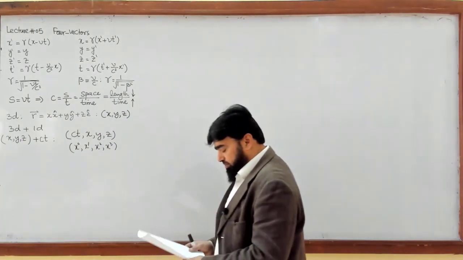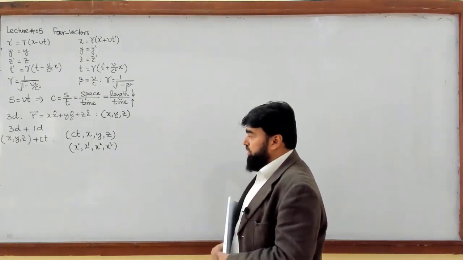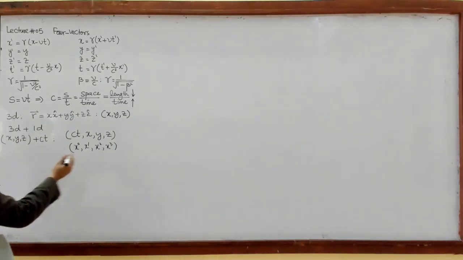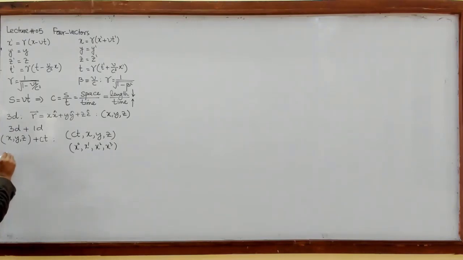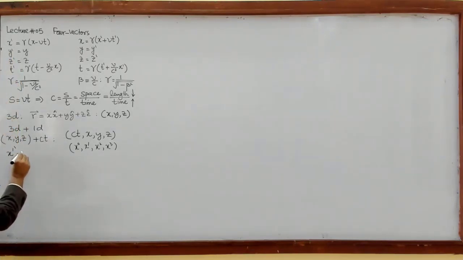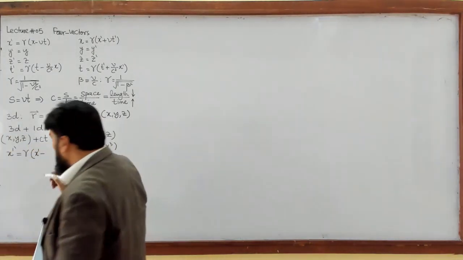We are now dealing with this one, and now how the Lorentz transformation will look under this conversion. Let me write x1. Now x1 from here will be x1 prime, because the prime coordinate is here, and x prime is equal to gamma times, and now here it is x, so it will become x1 minus v times t.